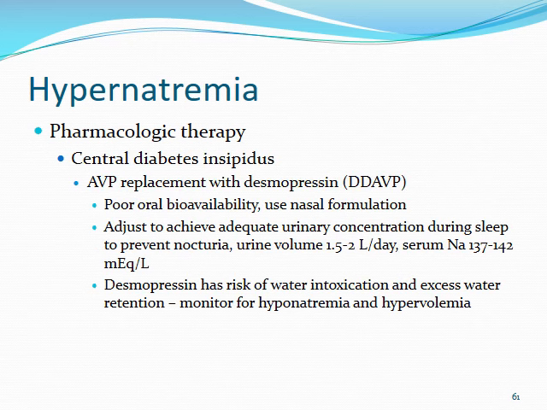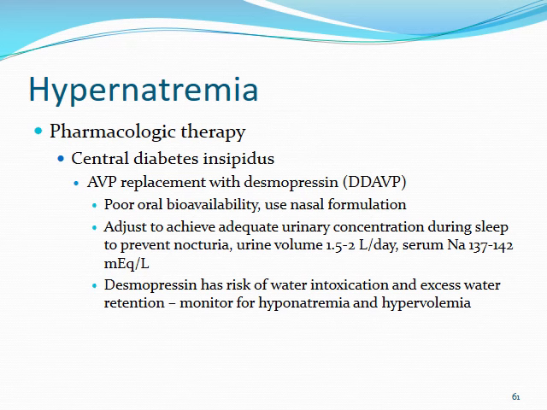If the patient has a central diabetes insipidus, we can replace the AVP that the brain is not producing by giving exogenous AVP or a drug called desmopressin, or DDAVP. It has pretty poor oral bioavailability, so oftentimes you'll see a nasal or an IV formulation utilized. Basically, you adjust your dose to achieve adequate urinary concentrations.